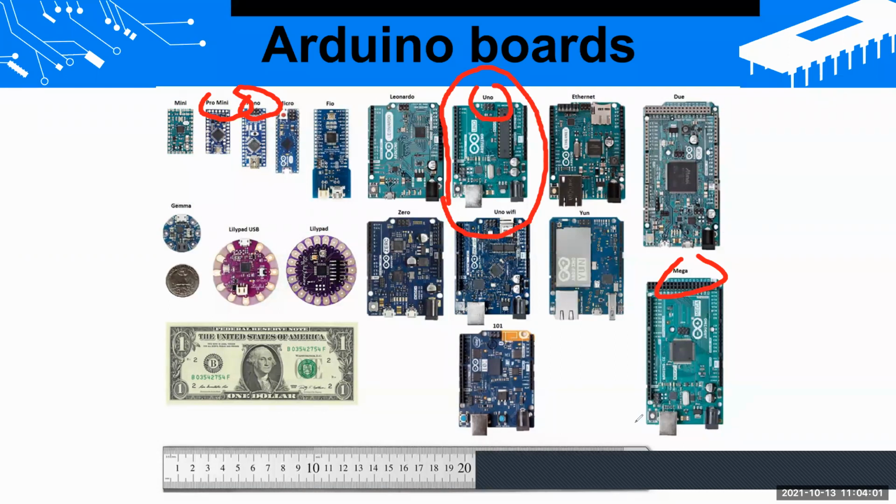The Arduino Mega has a lot of IO pins and more capabilities than the Arduino Uno, but the Uno is mid-range, that's why we are using it. It is easier to use than the Arduino Mega.